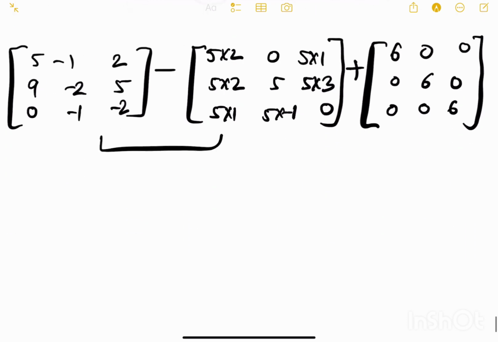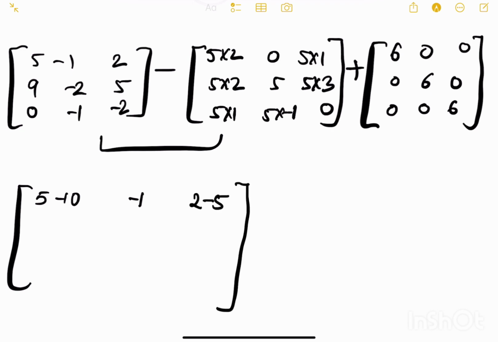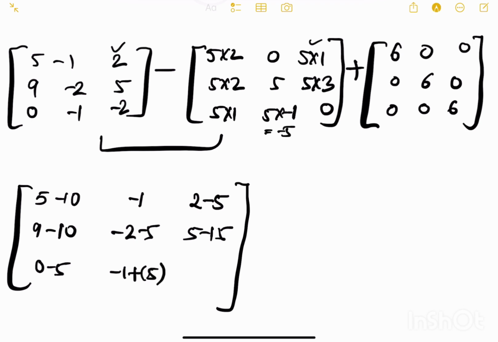So first of all, we will solve this and the resultant, we will just add this third matrix. So 5 minus of 10, this is minus 1, this is 2 minus of 5. I hope you remember how we used to subtract. We just subtract the corresponding elements, isn't it? So 9 minus of 10, this is minus 2 minus of 5, this is 5 minus of 15. This is 0 minus of 5, this is minus 1. This is minus of 5, and again if I put a minus of 5, so this will be plus of 5. This is minus 2.